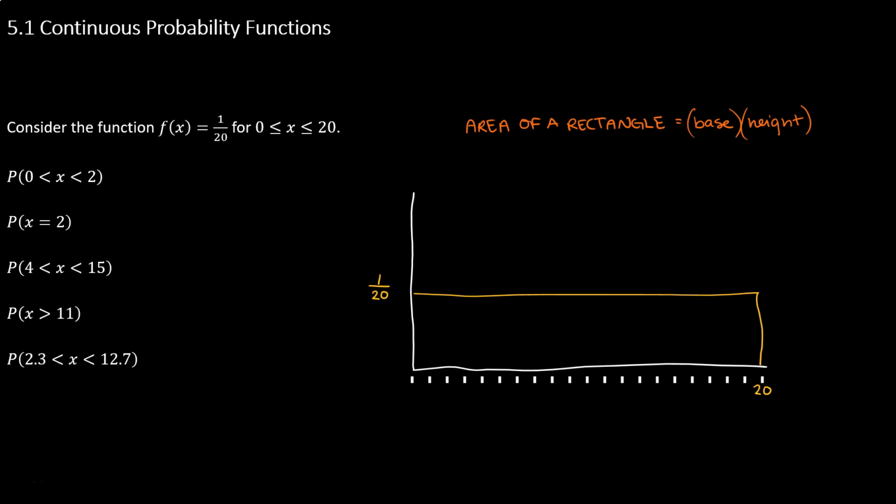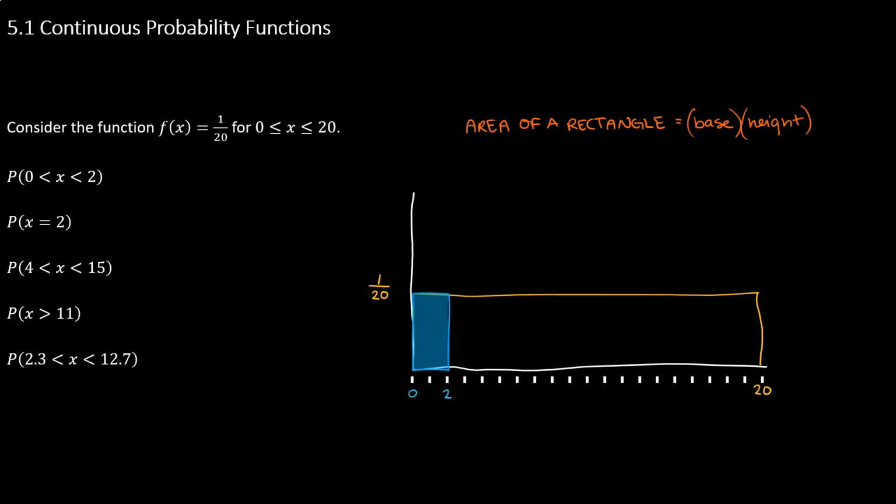So for this rectangle, we would calculate the base from 0 to 20, that's 20 units long, times the height. This function goes up on the y-axis, 1 over 20. And if we multiply the base, 20, times the height, 1 over 20, we get 1. Total area under the curve is 1, just like it should be.